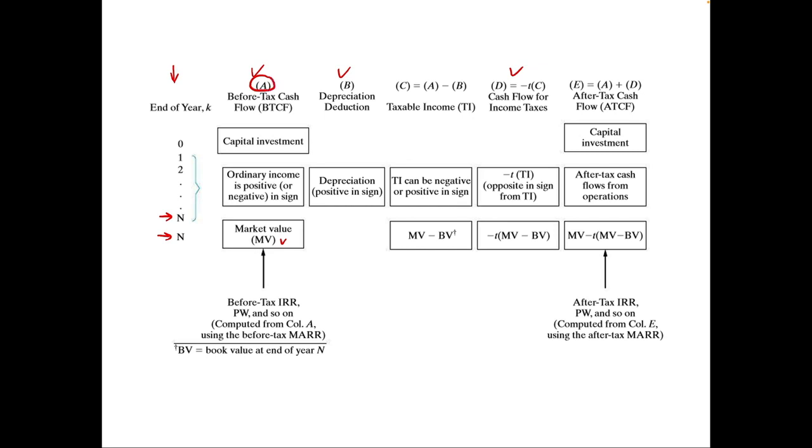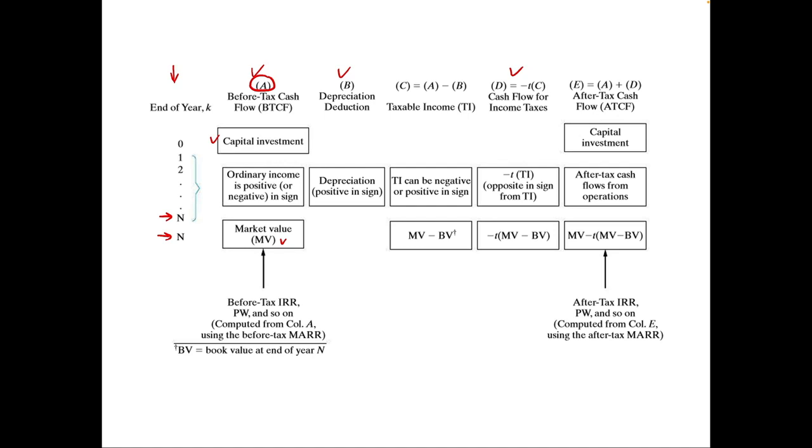And then the second column, we call it column A, okay? So column A is the before-tax cash flow, BTCF. So before you consider all the tax and deductions, you have a cash flow, the original cash flow. So it's made of what? It's made of capital investment, okay? And the capital investment always occurs at the beginning, so it's in the row of year 0.